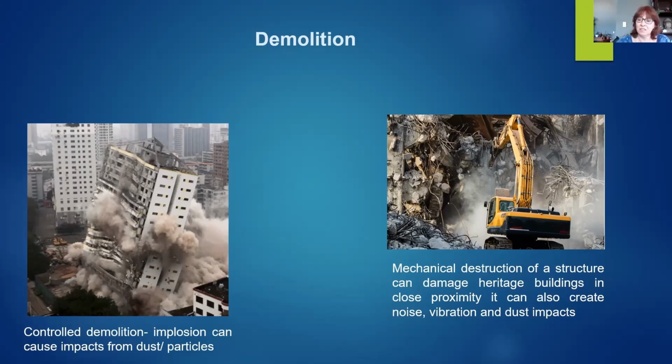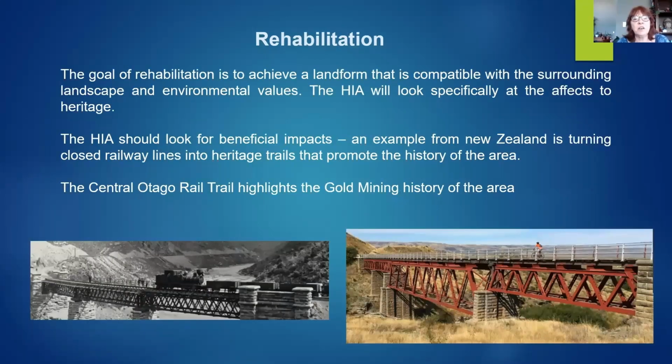So rehabilitation. I put this one in here because I think this is a really nice example. It's a railway, an historical railway, on the South Island of New Zealand in beautiful country. The railway was in operation until the 1990s, so it was a modern railway, obviously with some historical elements, and it was decommissioned in the late 1990s. In rehabilitation, we're not looking at protecting or reducing negative impacts.